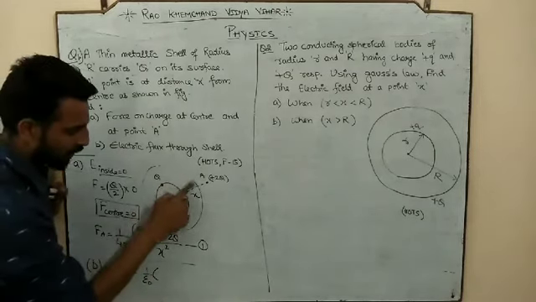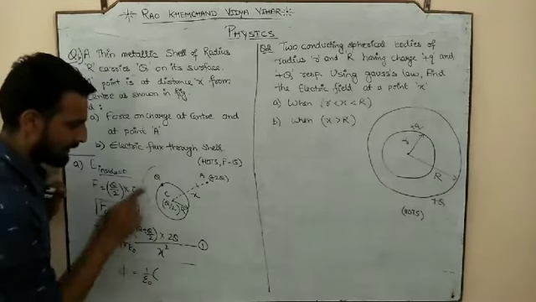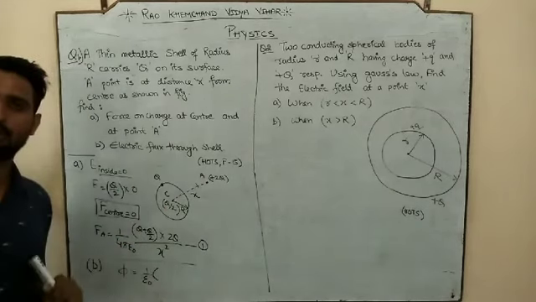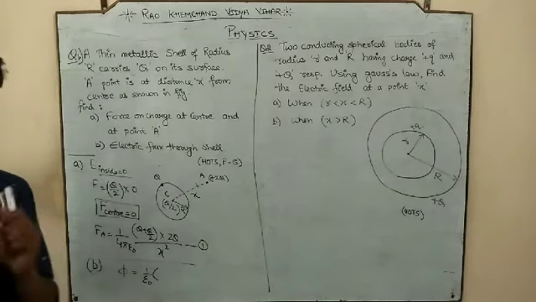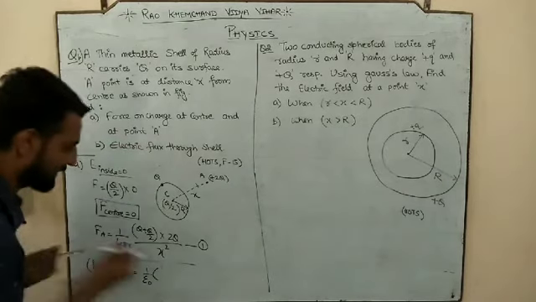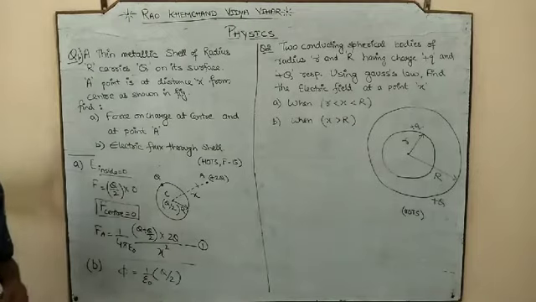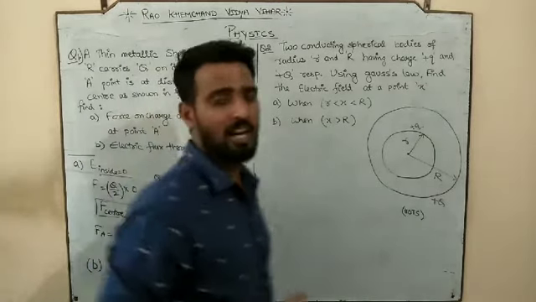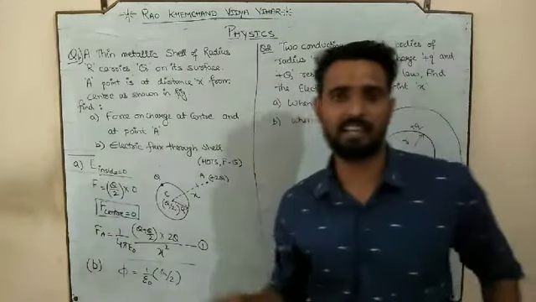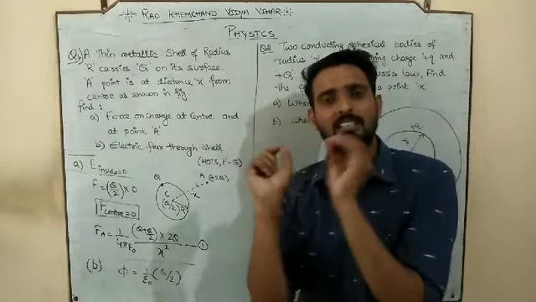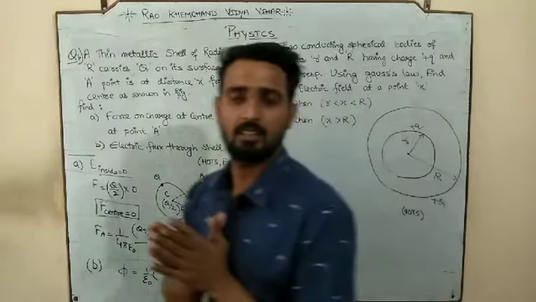So this is your shell. What is the charge enclosed by the shell? And that charge enclosed by the shell was Q by 2. Q by 2 is the charge inside the shell, because that charge is at the center.